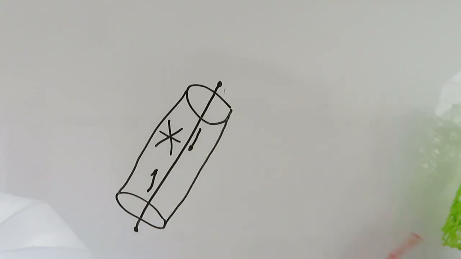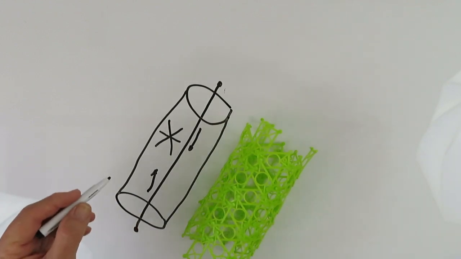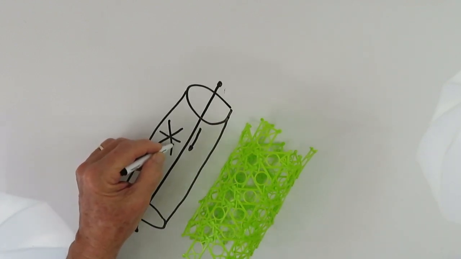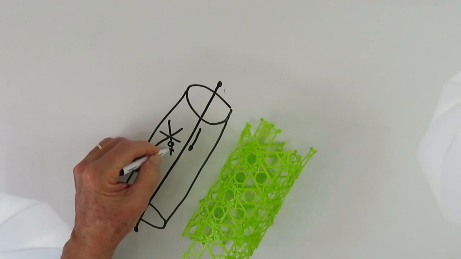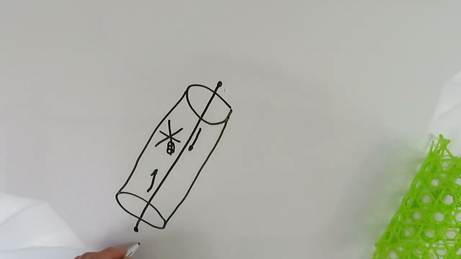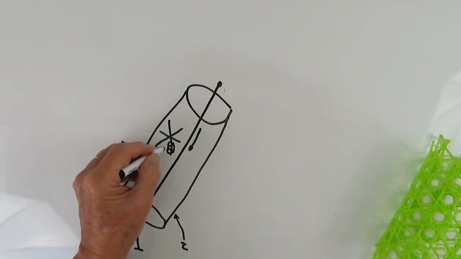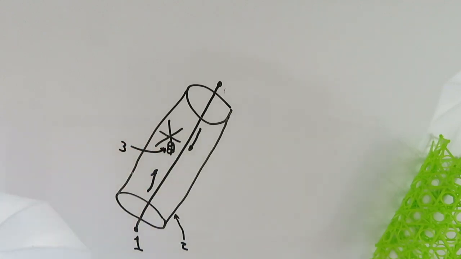But of course, this pipe has edges and nodes, and so if we represent each edge here by a pipe, then we have the beginning of recursion. So this is level 1 in the network. This is level 2 in the network. And this pipe here would be level 3 in the network.